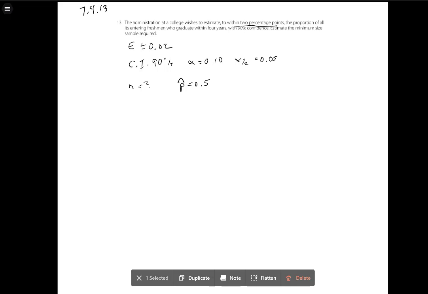Okay, so our formula for n, then, is z, the standard normal variable at alpha over 2, squared, times p hat times 1 minus p hat, or q, over the error squared. In our case, we have z at the 0.05.